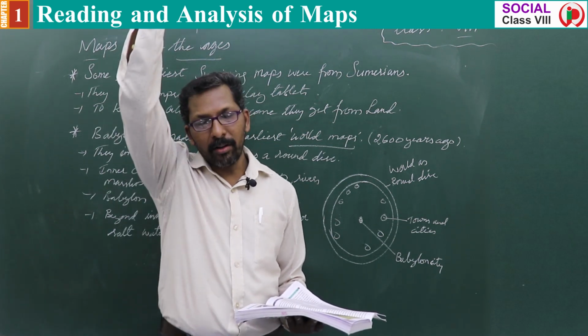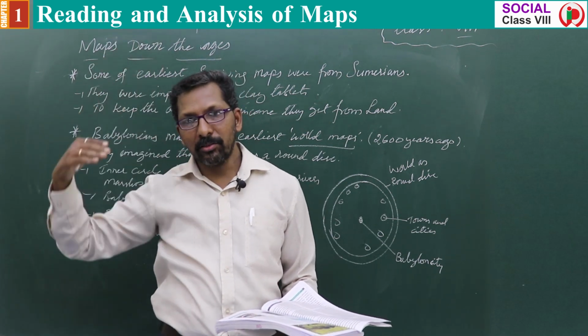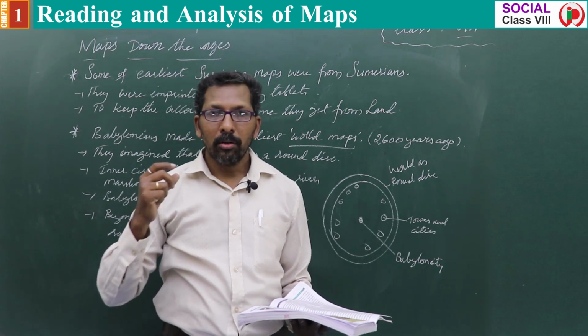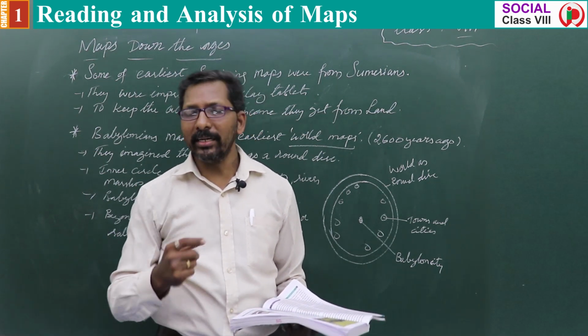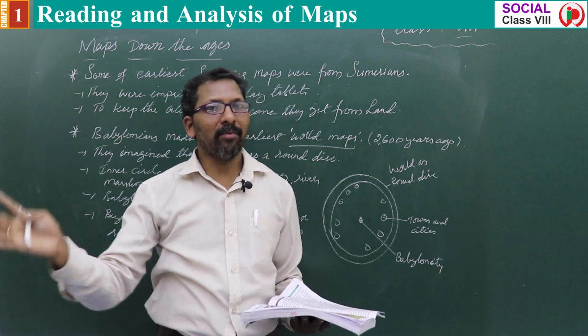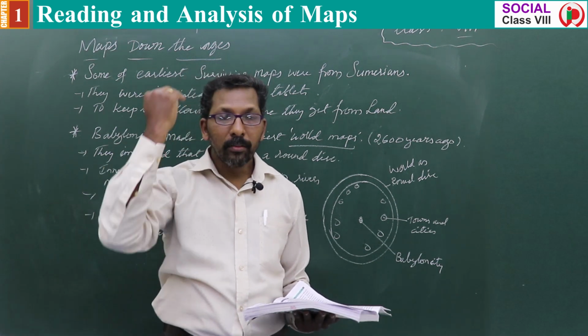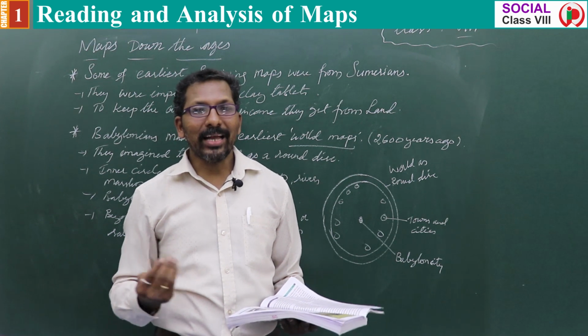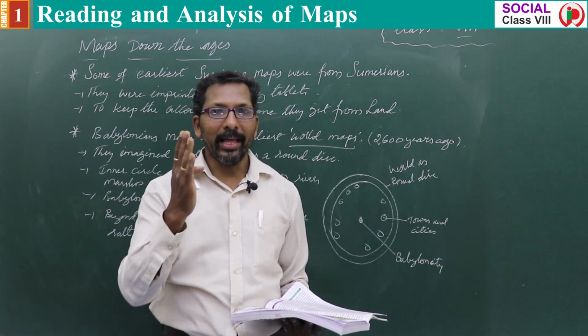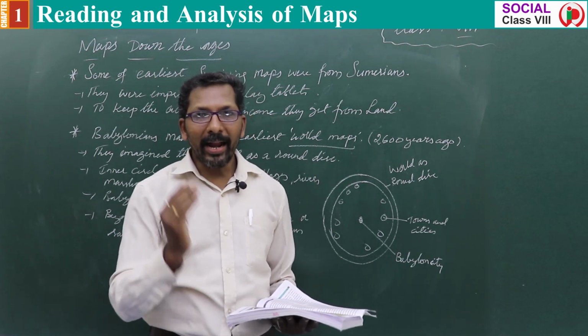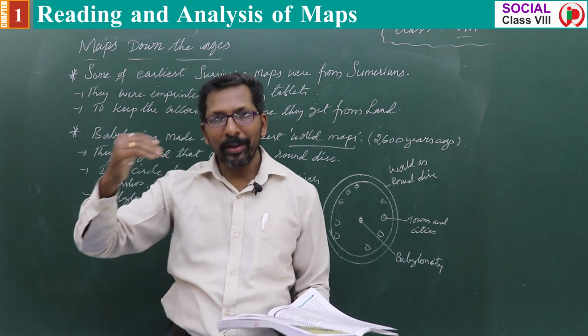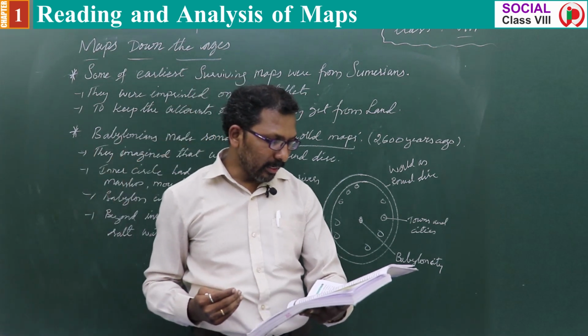He came all the way from Greece to India to conquer India. But at last, after defeating Porus, he gave up and went back. So how did Alexander come to India? With the help of a map. He had a route map, and with its help he came to India.